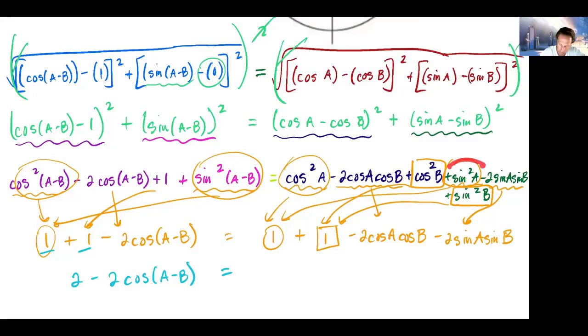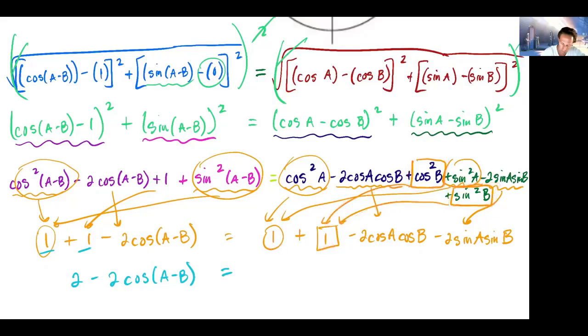One is the sine squared of a plus the cosine squared of a. So there's my first pairing, that is a 1. And then I have another, which is the cosine squared of b and the sine squared of b added together. So those two together were another 1.